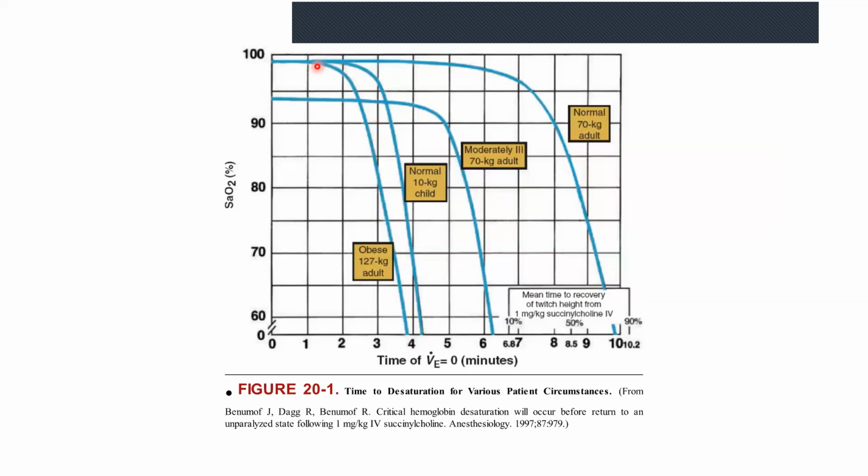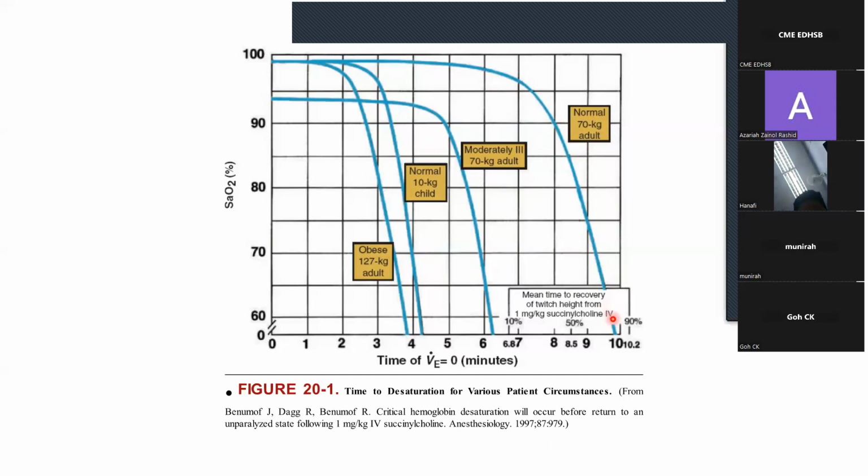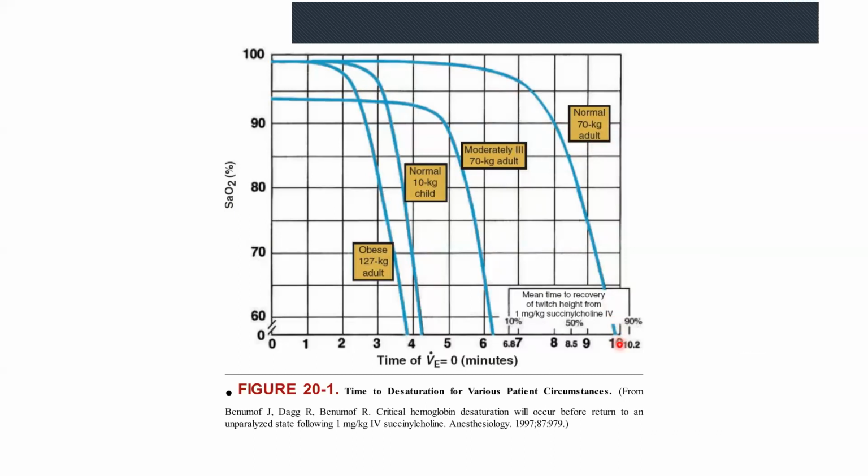Lepas tu the next one is normal child. Dia ada 4 minit lebih sikit. And then moderately ill adult, 70 kilo adult usually 6.5. The last one that will last longest is the normal 70 kilo adult. Dia give us time about 10 minutes.